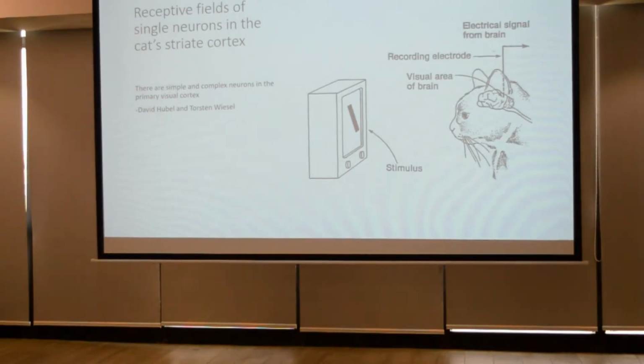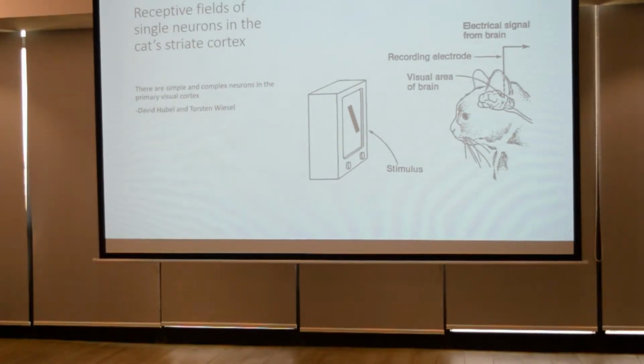They wanted to analyze the brain of a cat and see how it responded to images. They were presenting slides of images in front of the cat, and they were trying to stick rods into its head and find out which neurons are activating for what images.